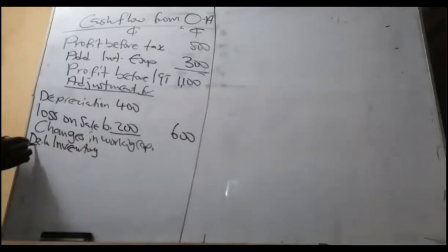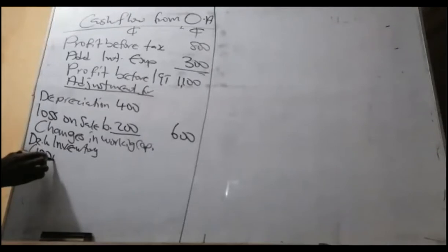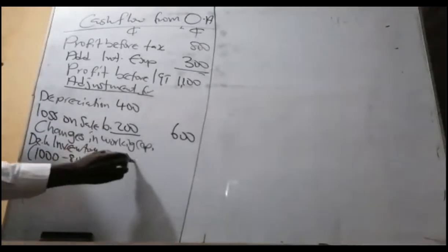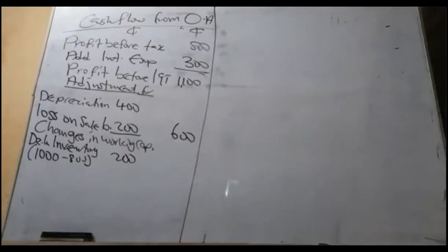And open a bracket nicely. Then just find the difference. Minus 800. Put it there, 200. Now, decrease in inventory. Will it be inflow or outflow?